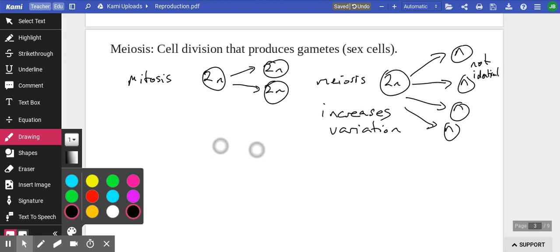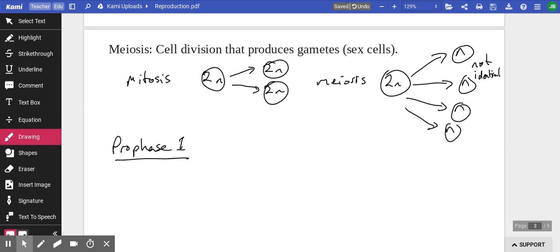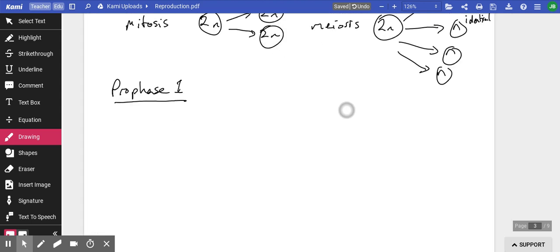And as we draw it, we're going to need to use color to draw meiosis. So we are going to start out with prophase 1. And again, this is prep phase, just like in mitosis. So we can draw our cell.